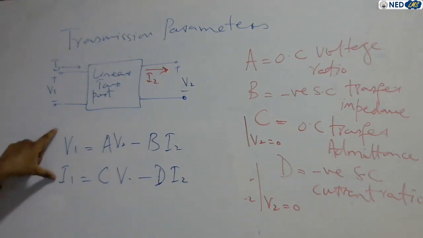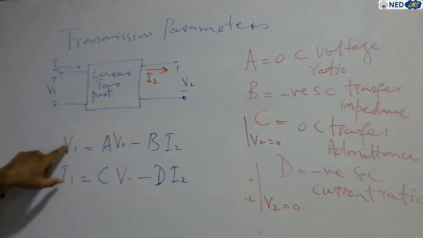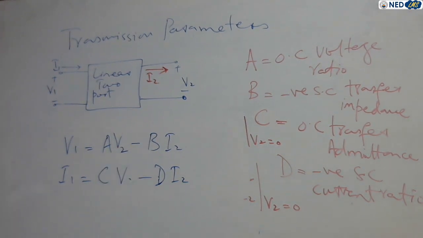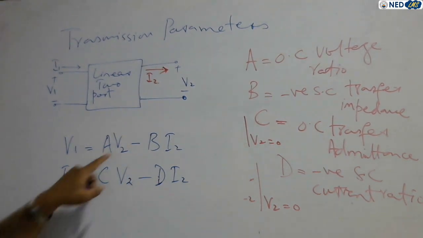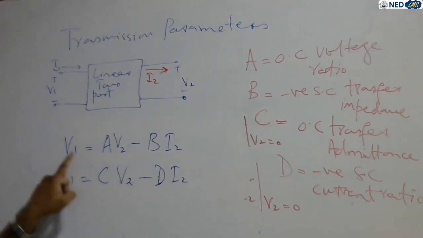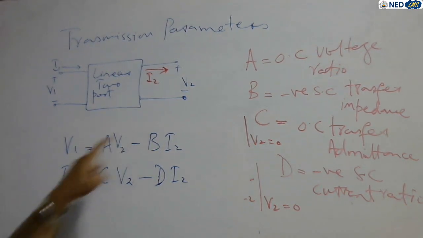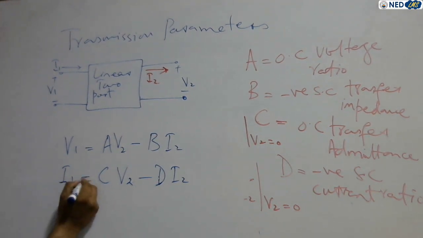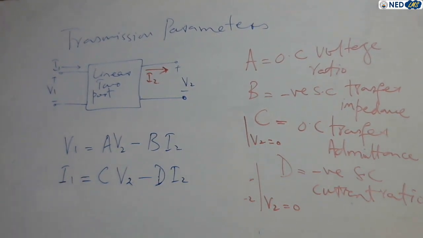I have explained these things many times, so I don't want to repeat it. V1 equals A times V2 minus B I2, and I1 equals C times V2 minus D I2, with V1 and I1 at the input port. So transmission parameters can be written directly. I hope you understand.